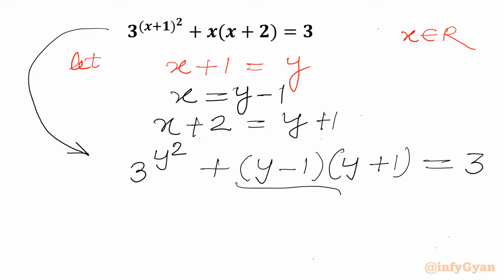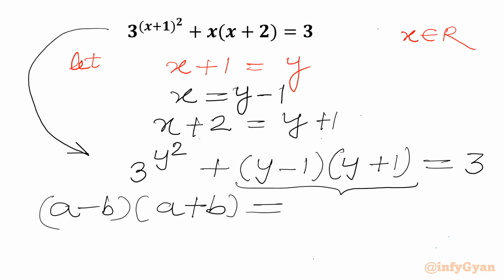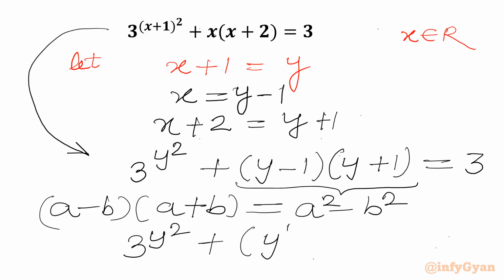Now from here we can write one algebraic identity, a minus b times a plus b is equal to a square minus b square. So I can write 3 power y square plus y square minus 1 equal to 3. Now let us take this term to the RHS.